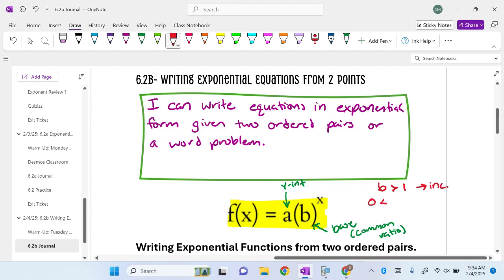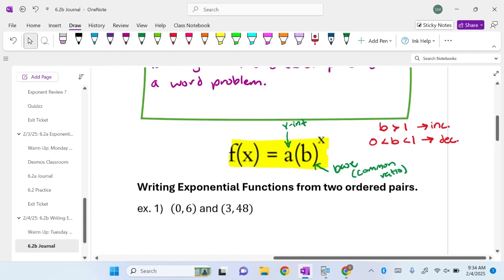Now, if your b value is between 0 and 1, so in other words, it's a true fraction, what happens to your graph? It decreases. And remember, you are not going to get a negative base. All right, your a value may be a -1 or a negative number, but your base will never be negative. It's going to be positive.